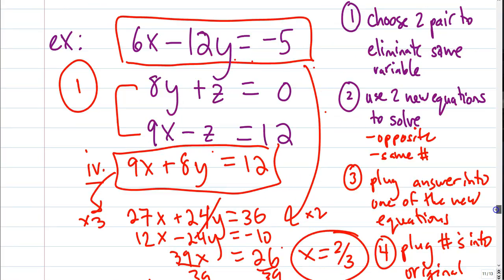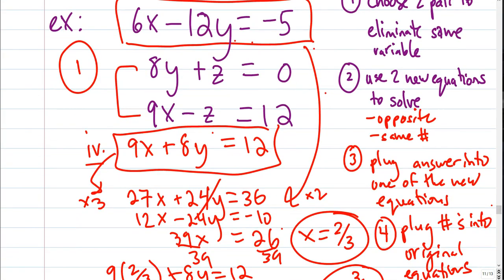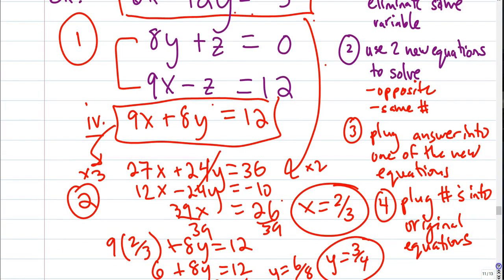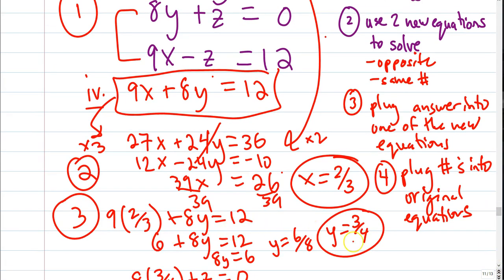Just to recap real quick, make sure I'm not doing anything wrong. This was all step 1. Step 2 was eliminating another variable and solving. Once we had that solution, step 3 was plugging that solution in and solving for the second variable.